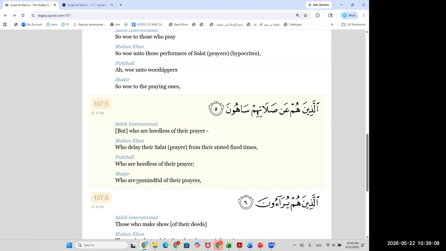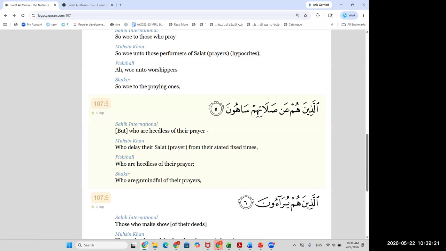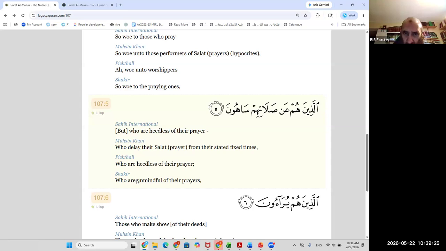Not who are heedless during their prayer, which in some cases would call for sujud sahu, but they are heedless from their prayer. Like they're not even praying at all, as opposed to not being mindful in the one prayer. That is the interpretation, yeah.